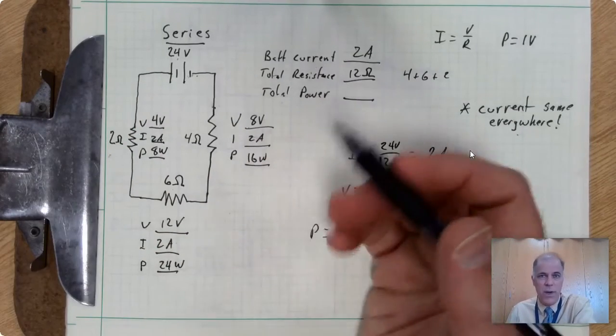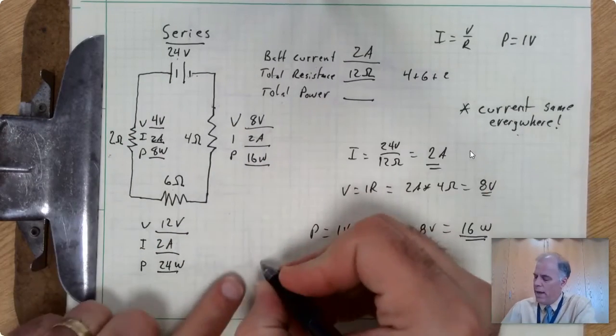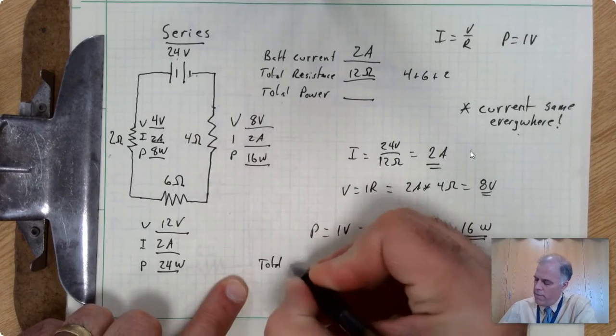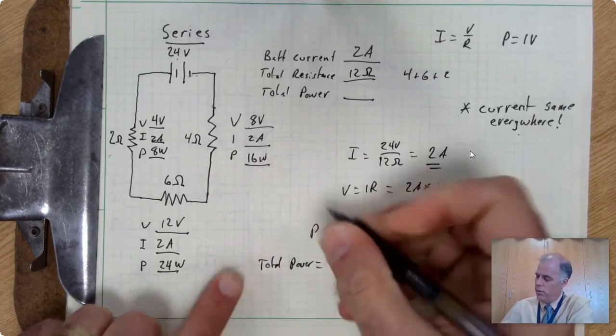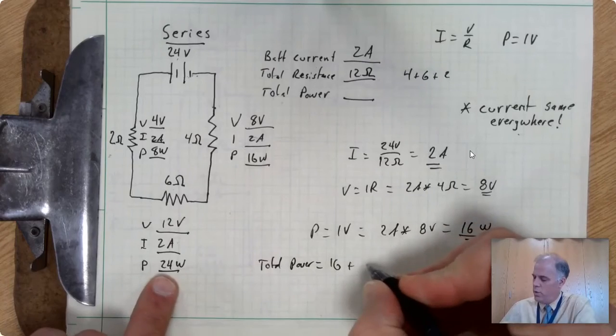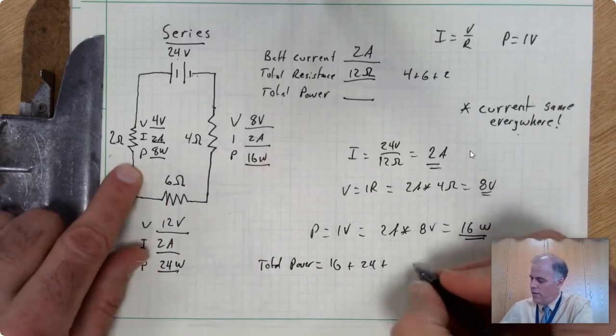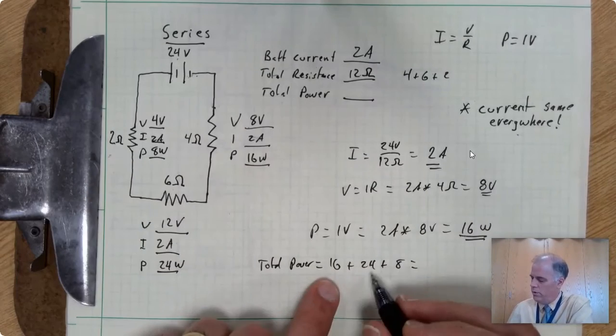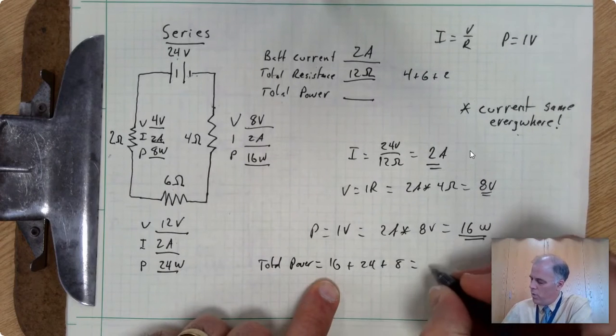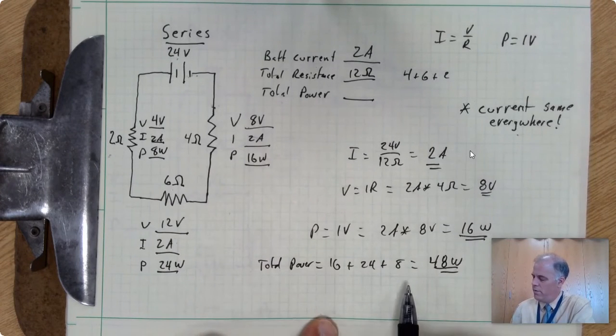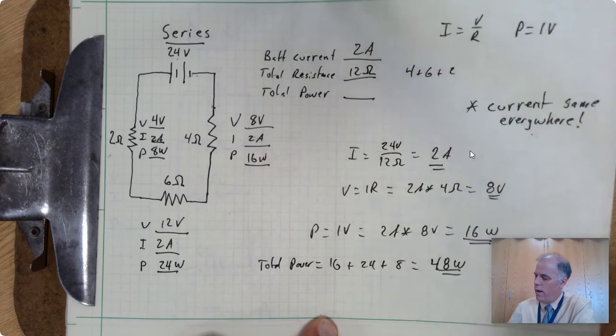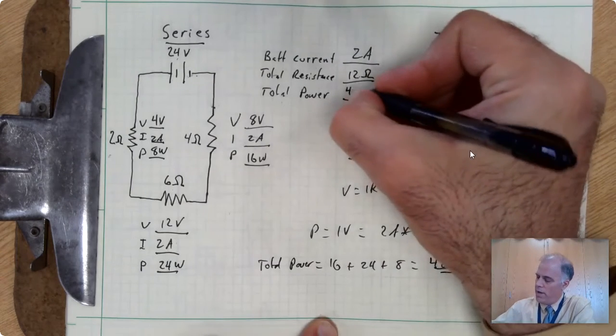And energy, as you know, has to be conserved. So total power is equal to 16 plus 24 plus 8, which equals 48 watts.